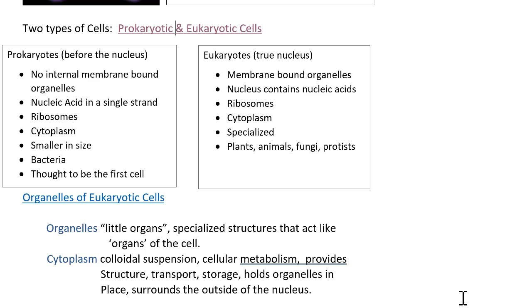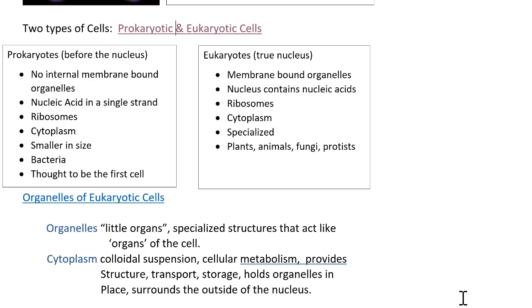That means that they carry out specific activities, and you're going to have to know those activities when we start talking about them. They're the way that that cell is going to survive. Those activities are part of cellular metabolism, the chemical reactions that keep the cell alive.